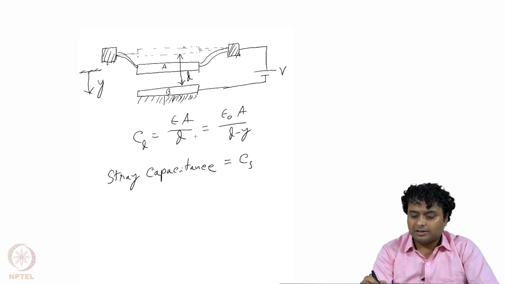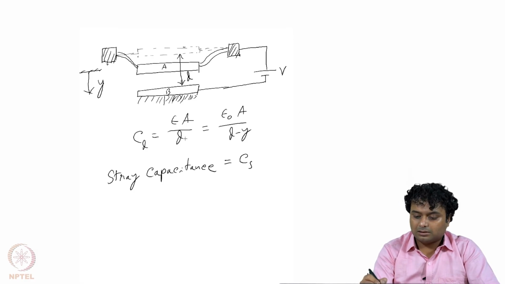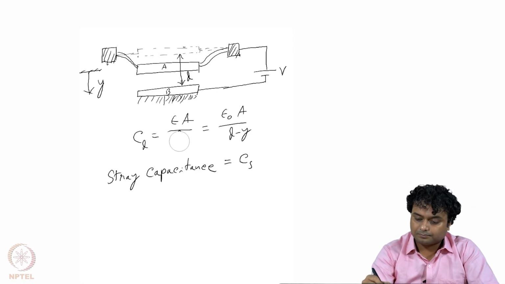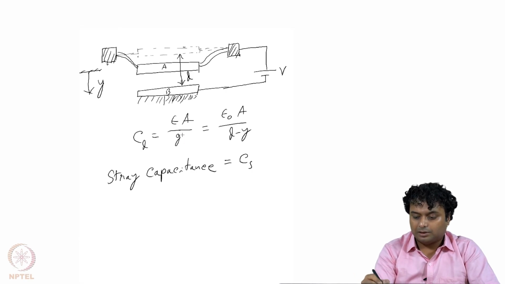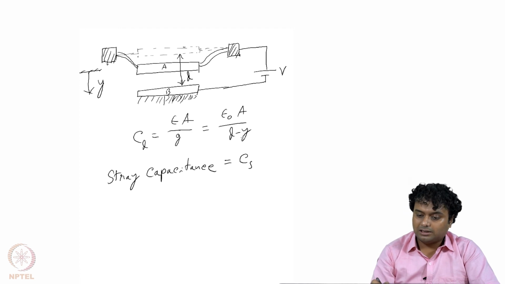Let us not call it D because our main gap is D. Whatever the gap is at that position while it is deflected by y, that is D minus y.